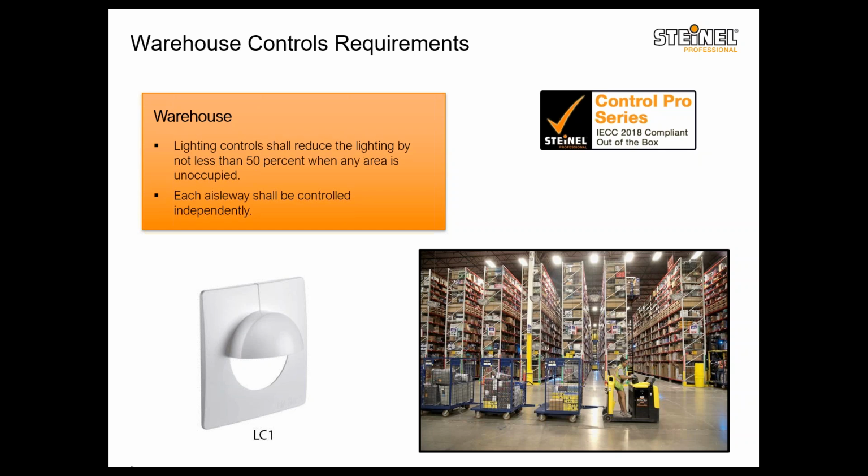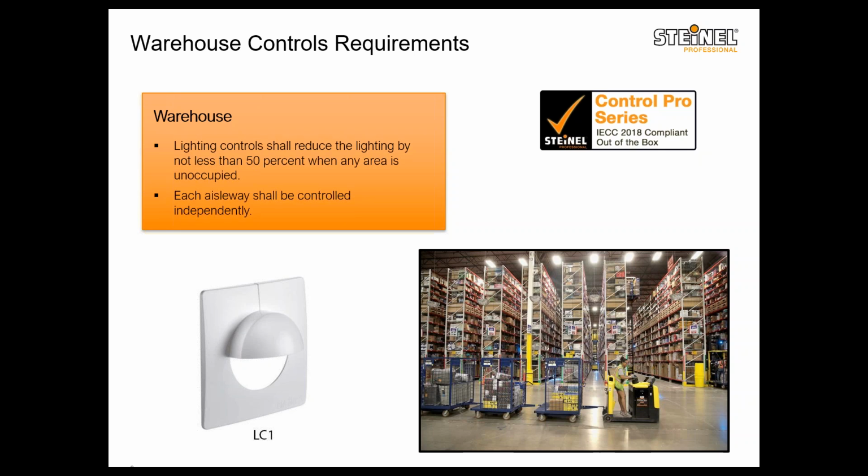As you can see, the lens cover LC1 at the bottom left of the screen, which mounts very easily on our HBS 200 aisleway high bay sensors, you can use it as an aisle starter depending on the direction that you mount it on. You can enclose the coverage to the aisleway area.